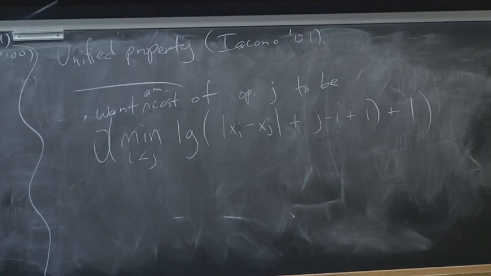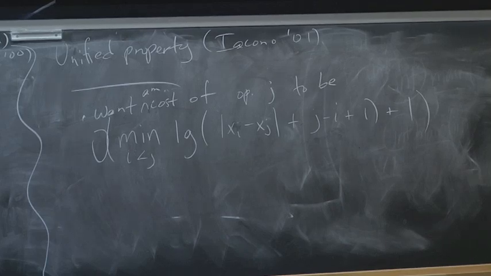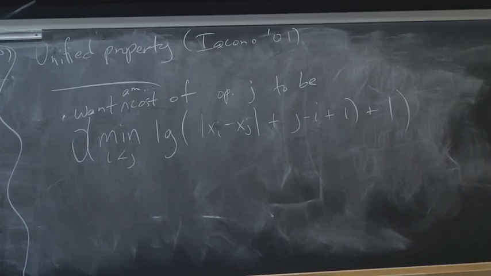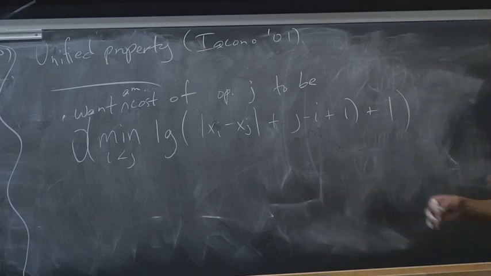So it tries to unify those two things. Unfortunately, it's not known that splay trees achieve the unified property. It's not known that any BST satisfies the unified property, but Iacono then gives a data structure which does achieve the unified property, but it's not a binary search tree. It doesn't operate in the BST model. Okay, but it's an open problem.